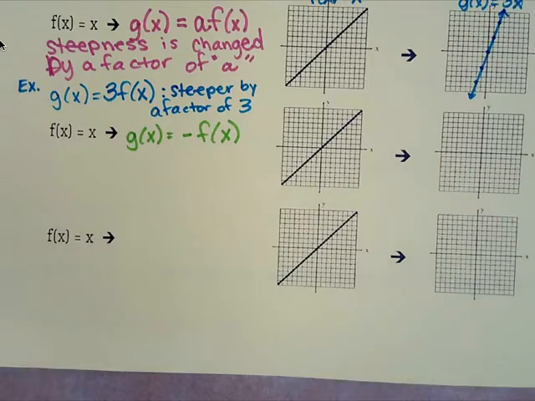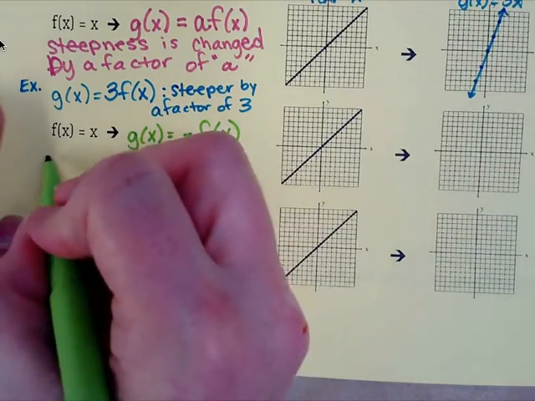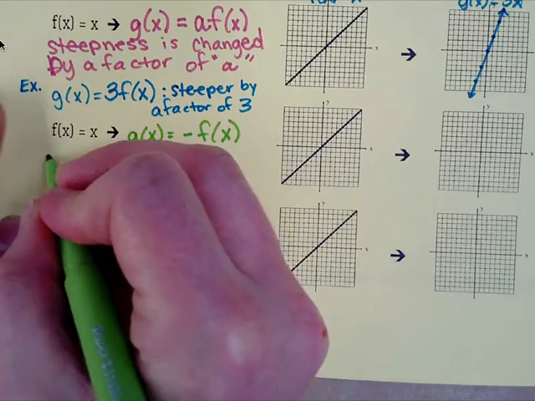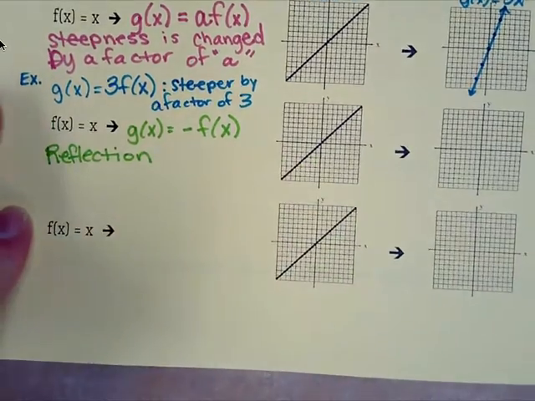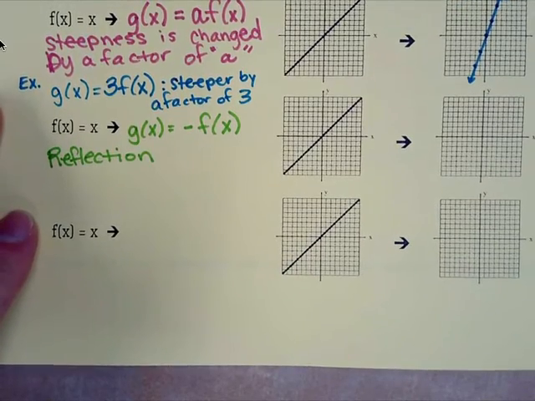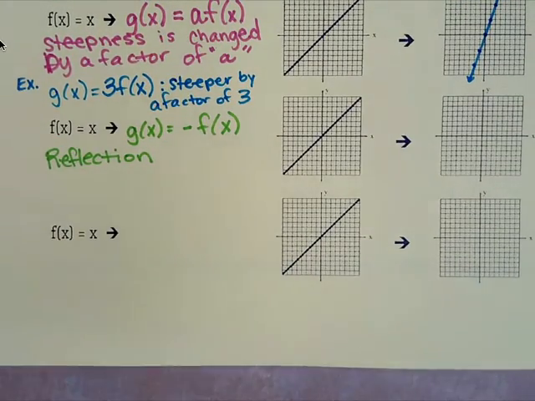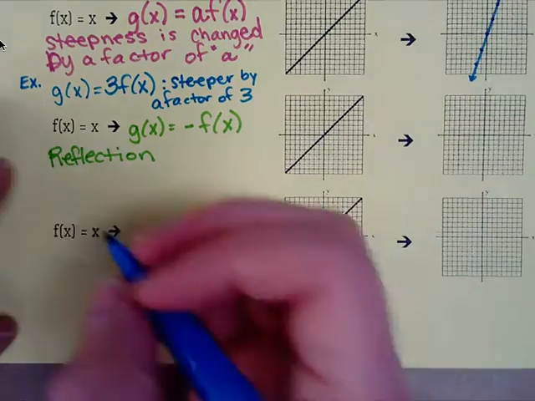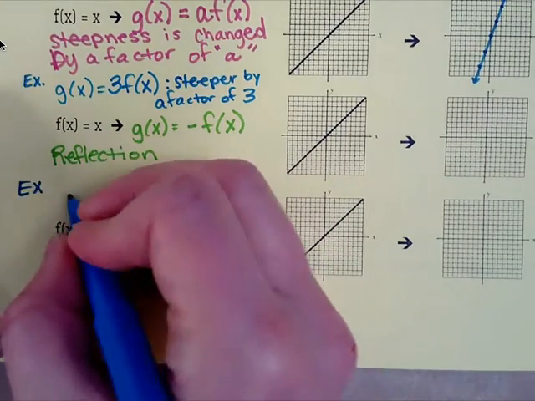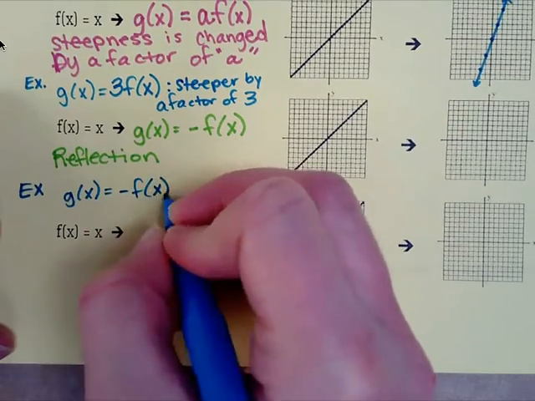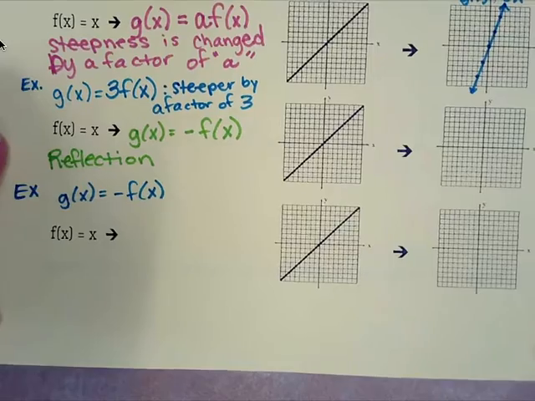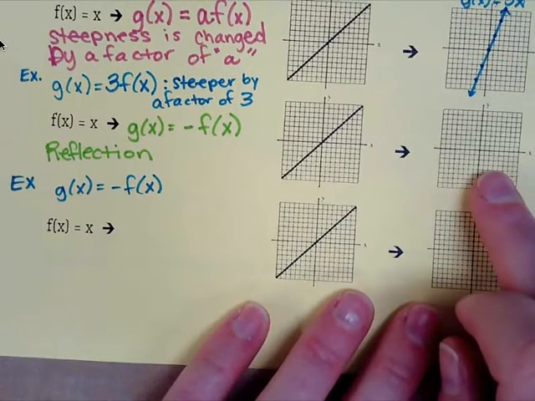So whenever you change the sign, it's going to be a reflection. So then our example is just going to be g of x equals negative f of x. That's it. So we're going to graph it here.